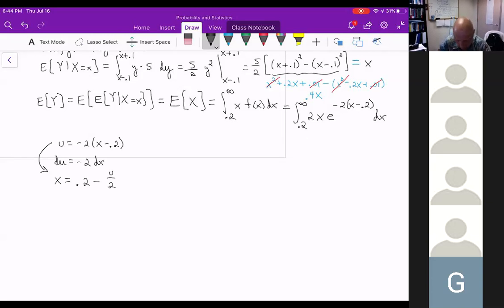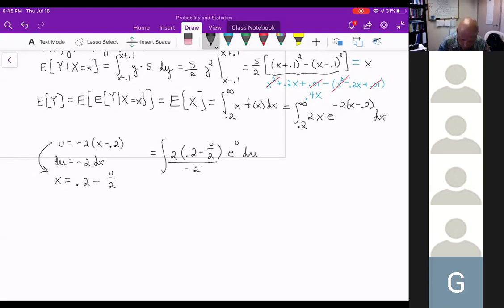All right, so now I'm ready to substitute in. And so the integral is going to be 2 times x, which is 0.2 minus u over 2, e to the u power, dx is going to be -1/2 du. I'm going to put the -1/2 here, du.